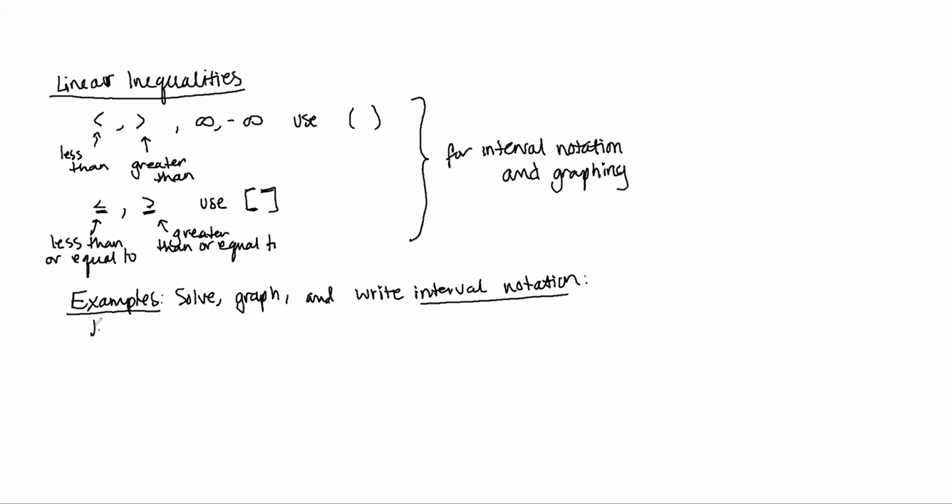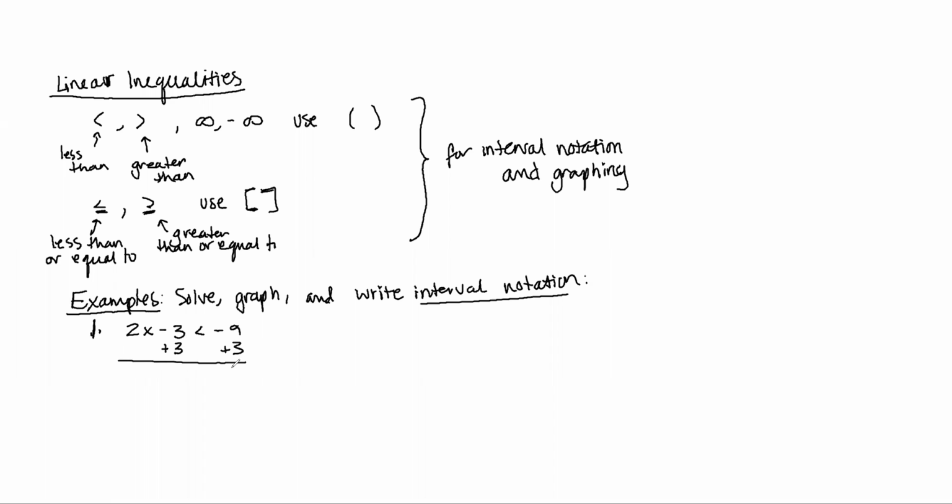So what I mean by that is, let's look at an example and we can kind of see. First one here, let's go ahead and do 2x minus 3 is less than -9. So just like a regular equation, we want to go ahead and add the 3 first because the variables are already on the left.